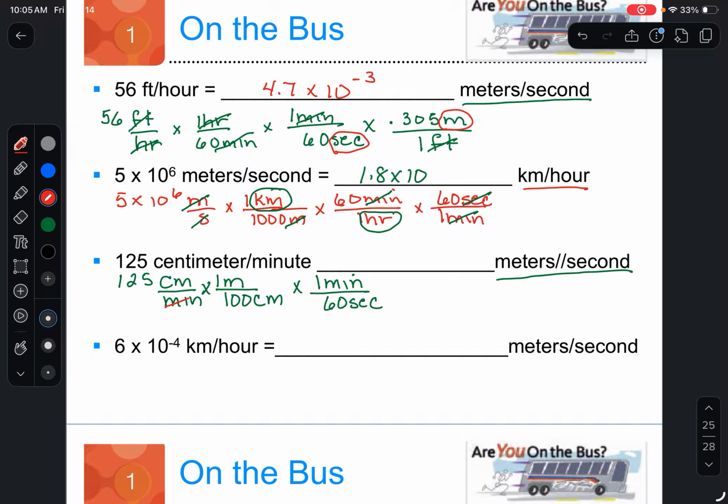So our minutes cancel, and our centimeters cancel. So we're left with meters on top, seconds on the bottom, and that will give us 2.08 times 10 to the minus 2.